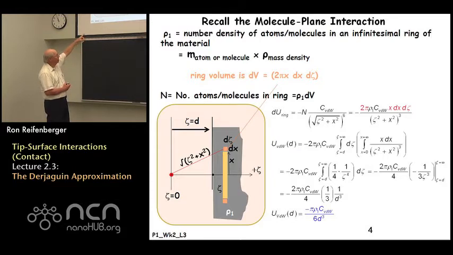The way that calculation is performed, you have to integrate the van der Waals interaction between the atom exterior to the bulk material with all the atoms inside the bulk material. And when you do that, you end up with the expression given in the last equation here. This is just a restatement of something we've already seen in lecture 1.